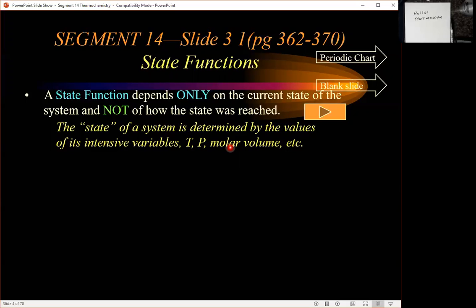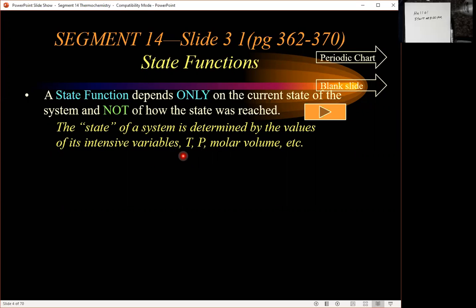The number of moles and the volume both increase, and they increase at the same rate. So the volume divided by moles is a constant. It is an intensive variable at constant temperature and pressure.